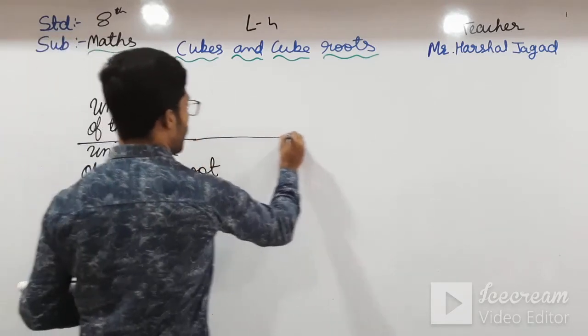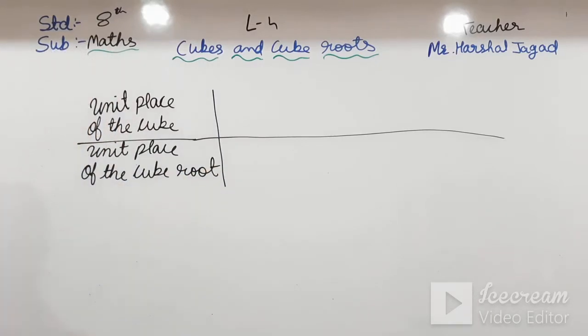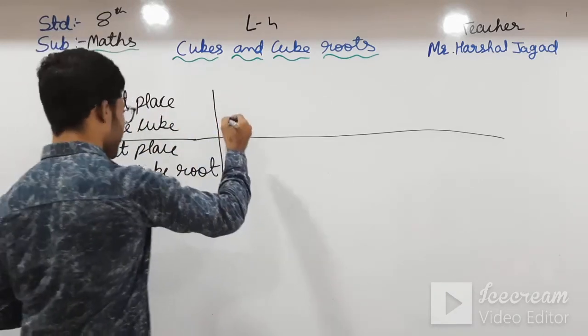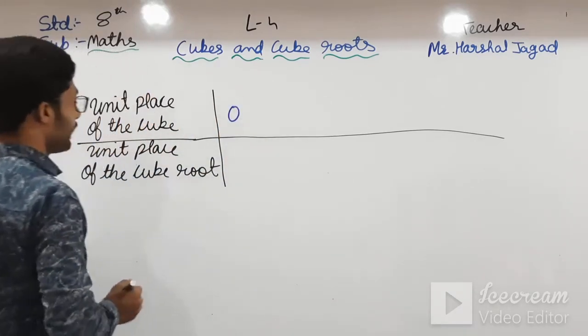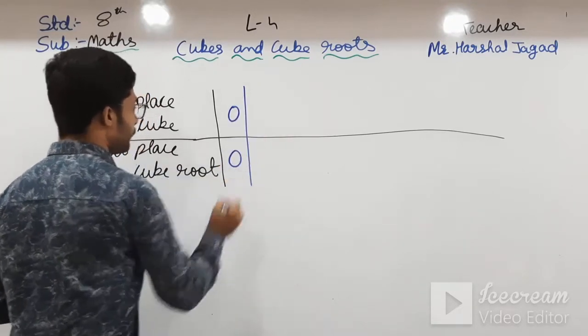This property we have also seen in the properties of cubes. If the unit place of the cube is 0, then if we take its cube root, its unit digit is also 0.